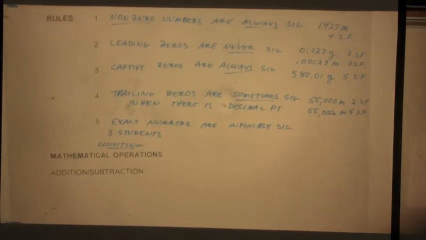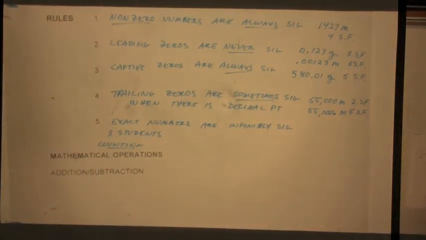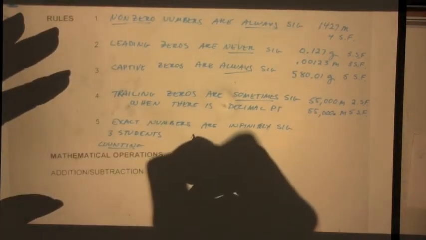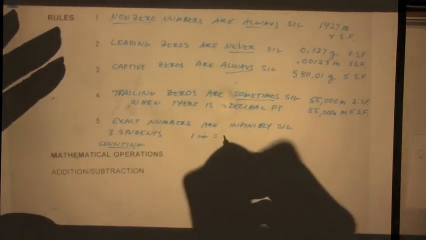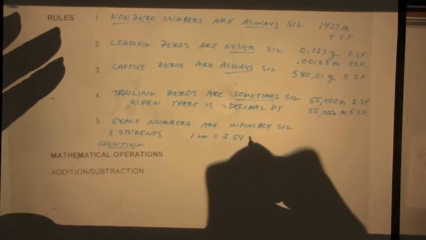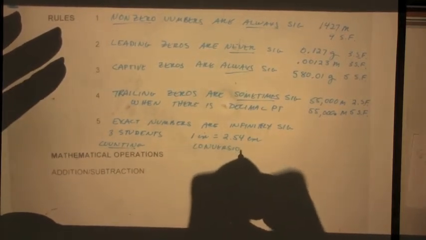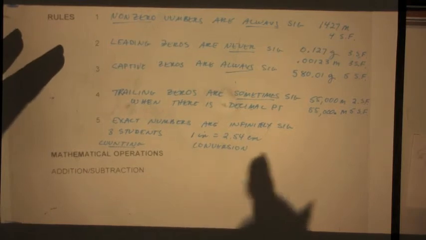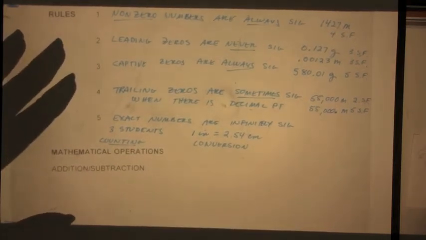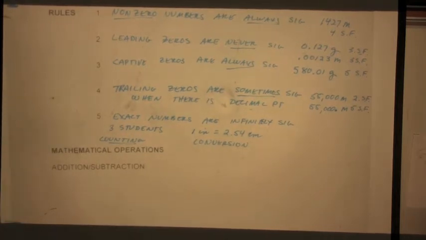Whenever you're dealing with a conversion, and by the way, this is one that I'll have you memorize, 1 inch is equal to how many centimeters? Do you remember? Right, 2.54 centimeters. Whenever you're working a conversion, it is an exact number, so it's considered to have an infinite number of significant figures.